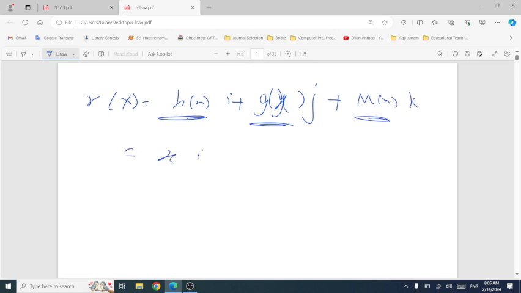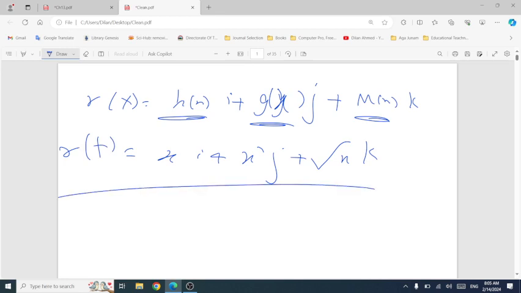For example, x i, x squared j, square root of x k. Is that clear? Yes? Good. So in that case, we say R is a vector valued function. Good. Now, what else?